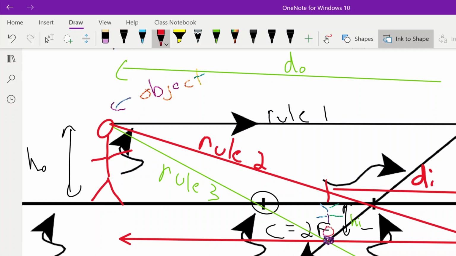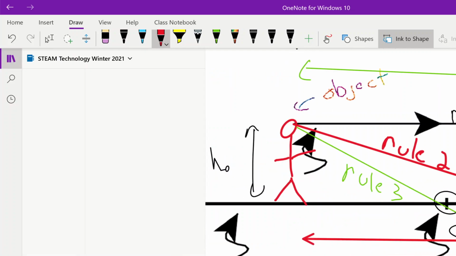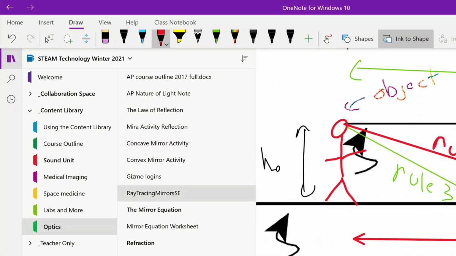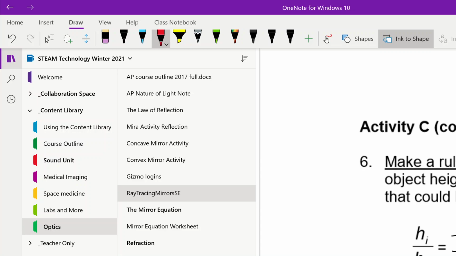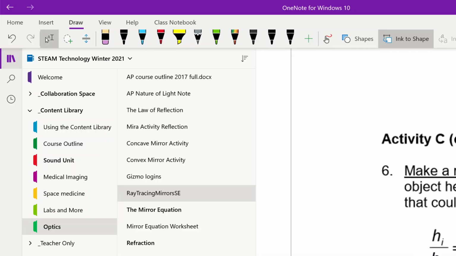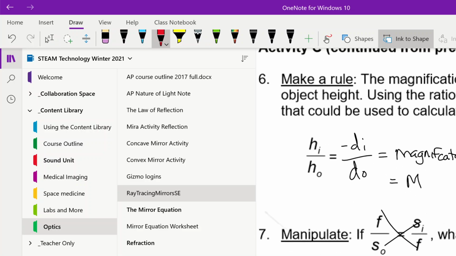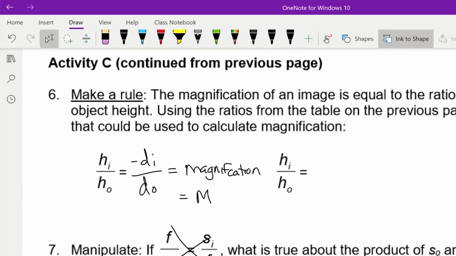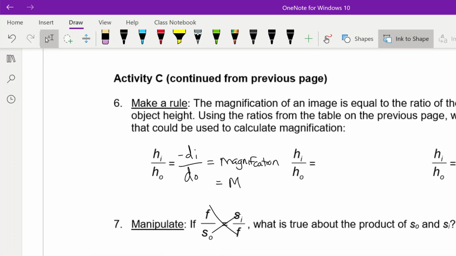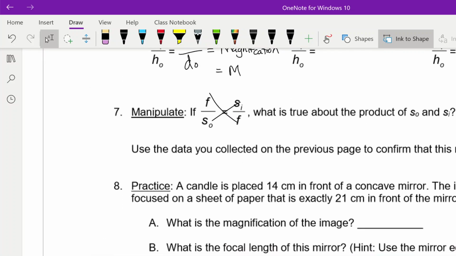The negative sign means it's upside down, in this particular case. Now you understand what hi, ho, di and do represent, and that is the magnification equation.